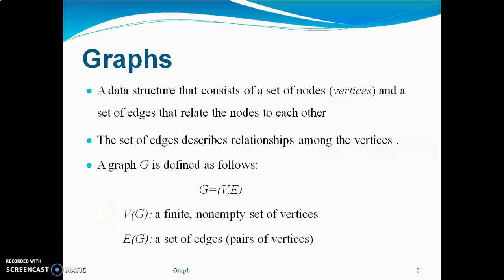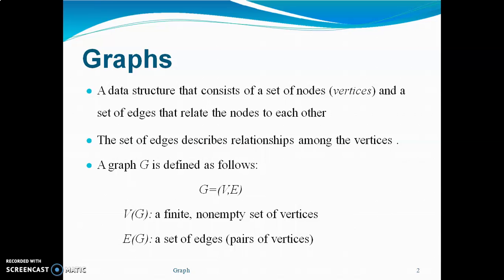A graph is nothing but a data structure that consists of a set of nodes. Here the node can also be called a vertex, and a set of edges. So a graph can be defined as a set of nodes and a set of edges that relate the nodes to each other.